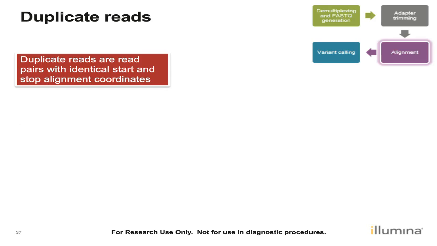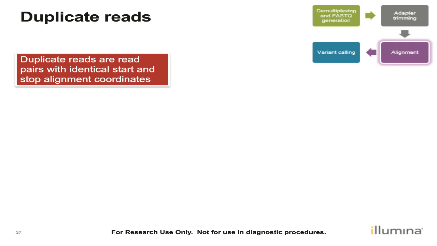All right, now we're going to take a look at duplicate reads. This is a metric that is defined as read pairs with identical start and stop alignment coordinates. These can be introduced during PCR steps of the library preparation because we're essentially making copies of the templates we have there.